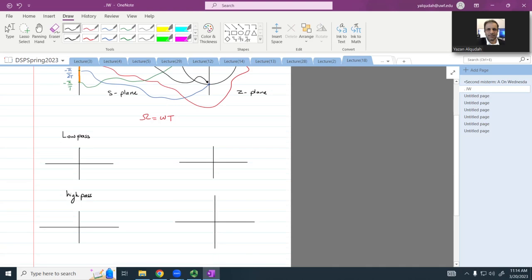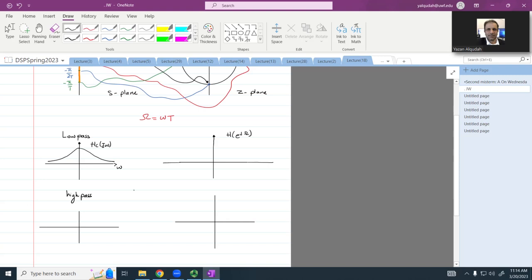Okay, so here we designed a low-pass filter. This is a Butterworth filter, a Chebyshev filter, whatever filter we designed in the continuous time domain. So this is W, and this is our filter. Now when we map this and we sample the impulse response, what's going to happen to this filter in the frequency domain in discrete time?